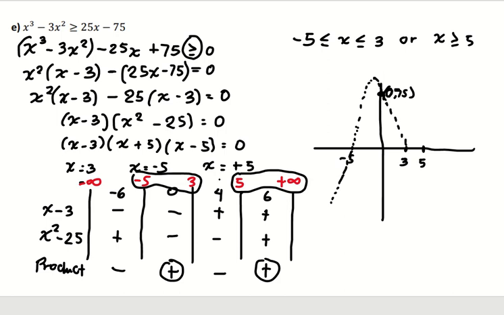Between 3 and 5, negative, so maybe somewhere here, and positive after 5. So that's how it should look. Our answer is here and here. That's one way of looking at the solution.